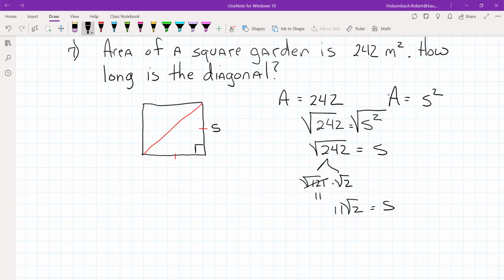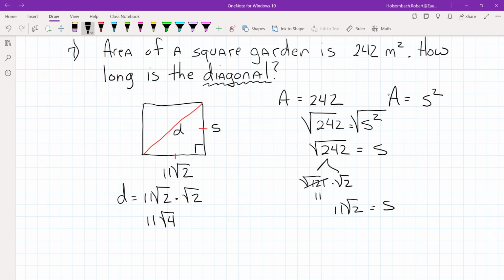One of the sides. Both of the sides. All of the sides are equal to 11 radical 2. But we need the hypotenuse. We need this diagonal. So the diagonal, I'll call it D. The diagonal of this triangle is going to be equal to one of the sides, 11 radical 2, times square root of 2. 11 radical 2 times the square root of 2 equals 11 radical 4.